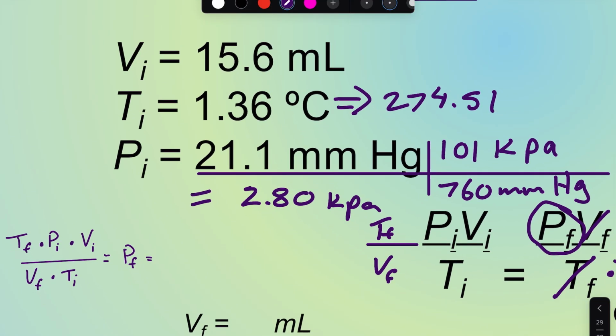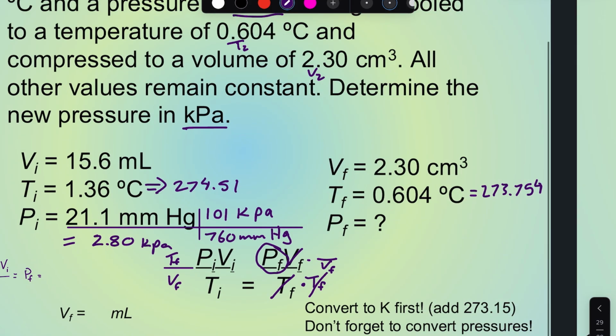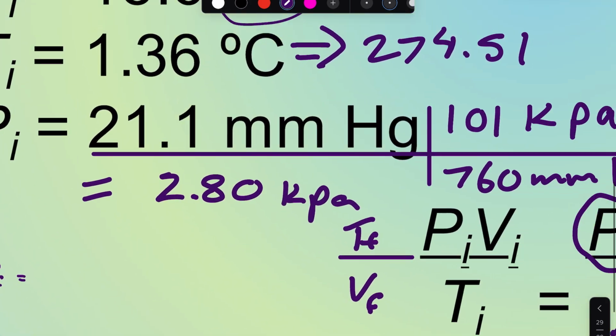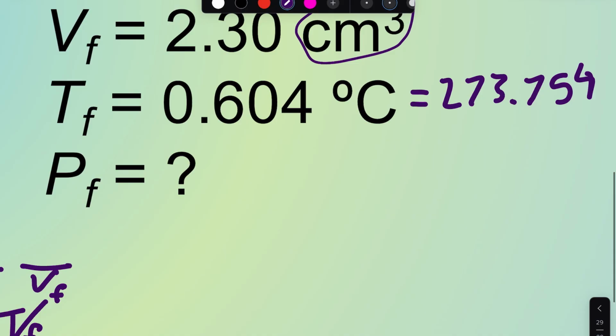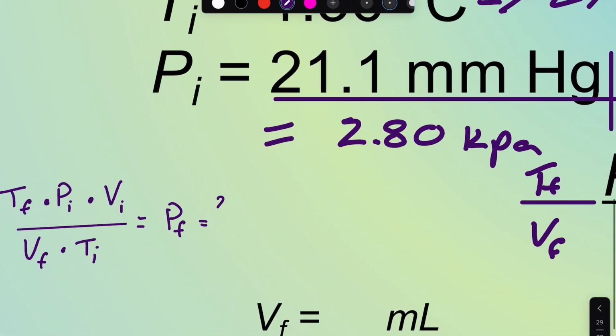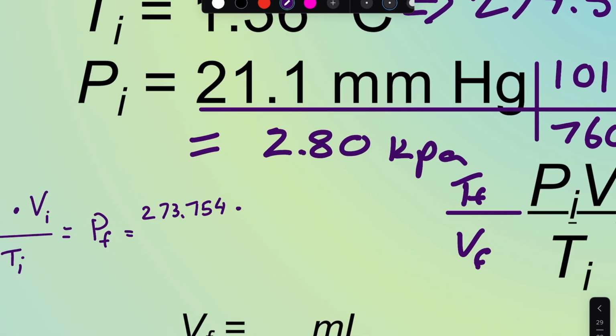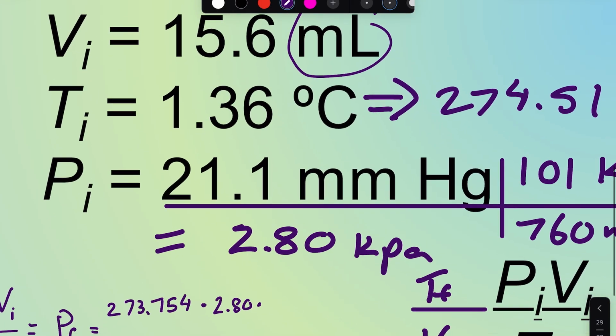Our VI is going to remain the same. Now, you might notice we have milliliters on one side, cubic centimeters on the other. I do not have to convert these because 1 milliliter is equal to 1 cubic centimeter. And so I can just use those values. So TF we determined was 273.754. So that's 273.754 times PI, which is now in kilopascals, 2.80, times VI, which is 15.6.